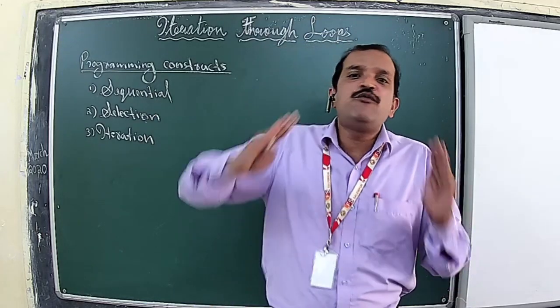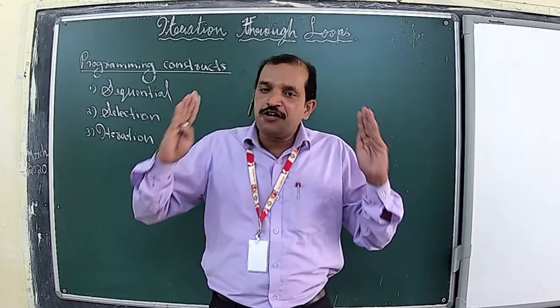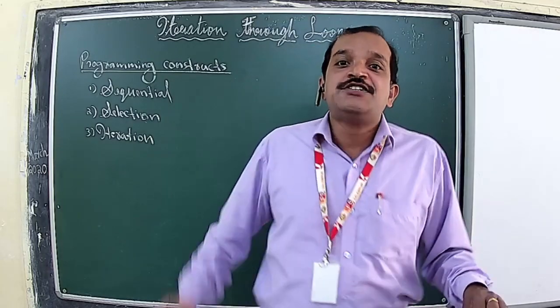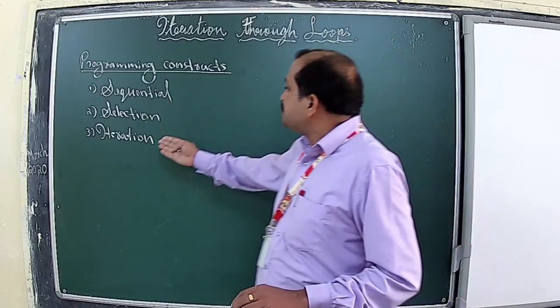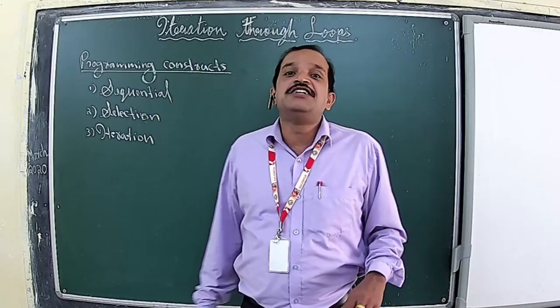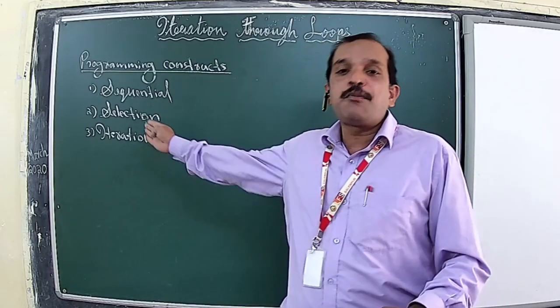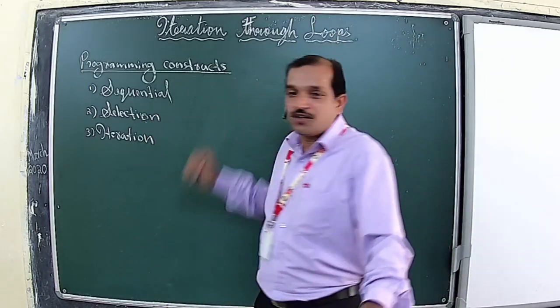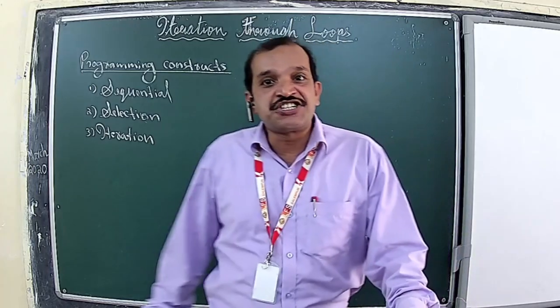And suppose we want a certain statement or a group of statements to be executed a number of times repeatedly. In this case, the iterative way of execution is the possible way. And it is about this iterative way of execution that we are going to focus upon in this chapter, that is iteration through loop.